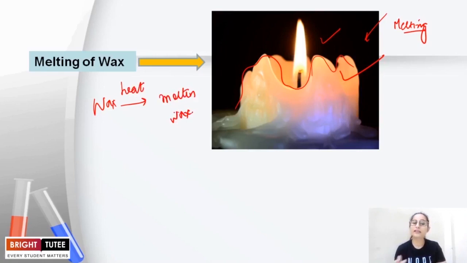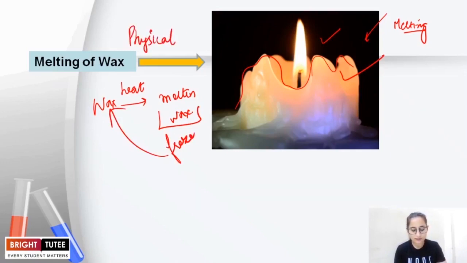But after melting, it again freezes to obtain wax, right? If you freeze this molten wax, you will get the wax again, right? There is no new substance formed. So this is a physical change because it is reversible as well. You can freeze the wax again to obtain the solid wax. So this is an example of a physical change, right?